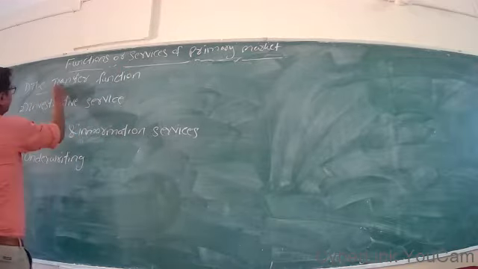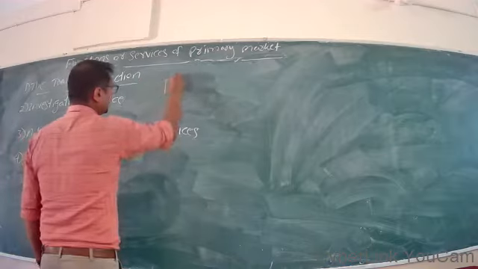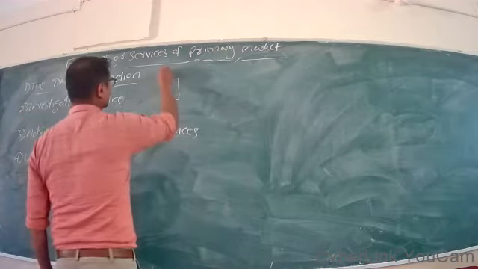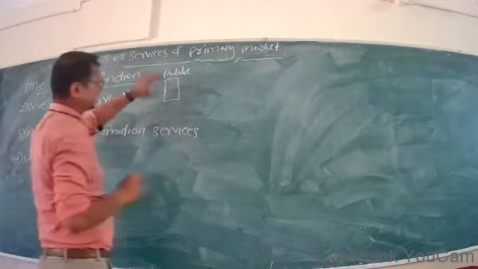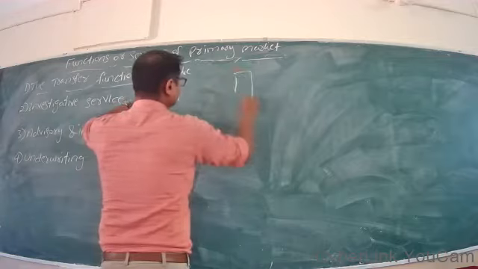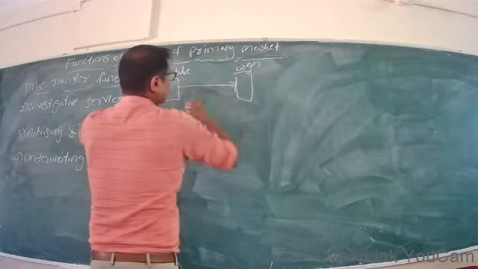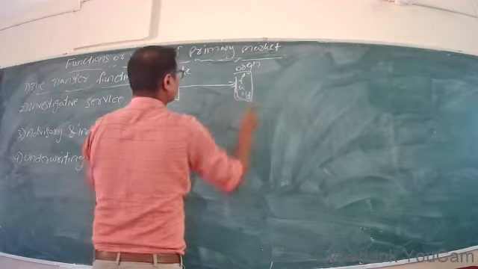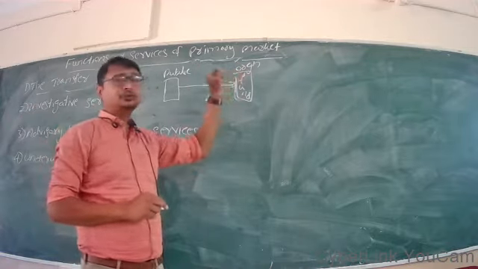The transfer function of a financial market or primary market is to transfer the surplus fund which lies with the general public or an individual to the organization or company. So this company needs fund.